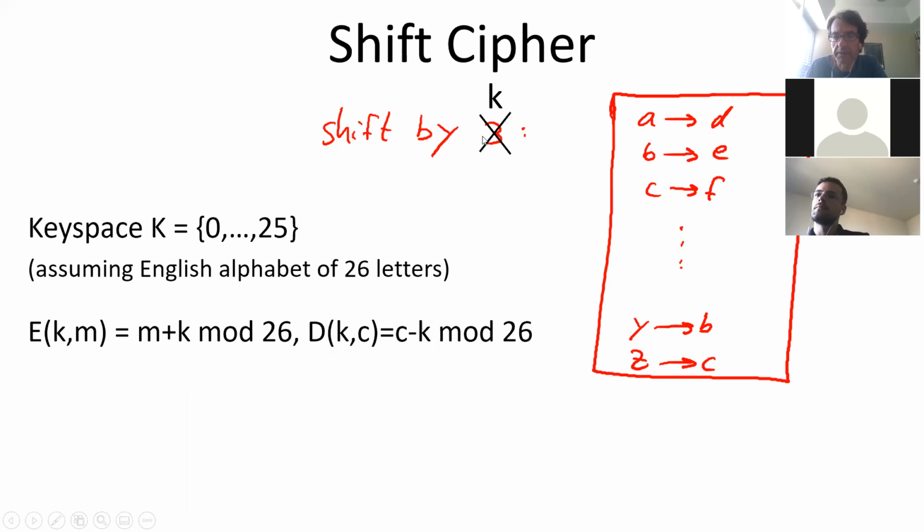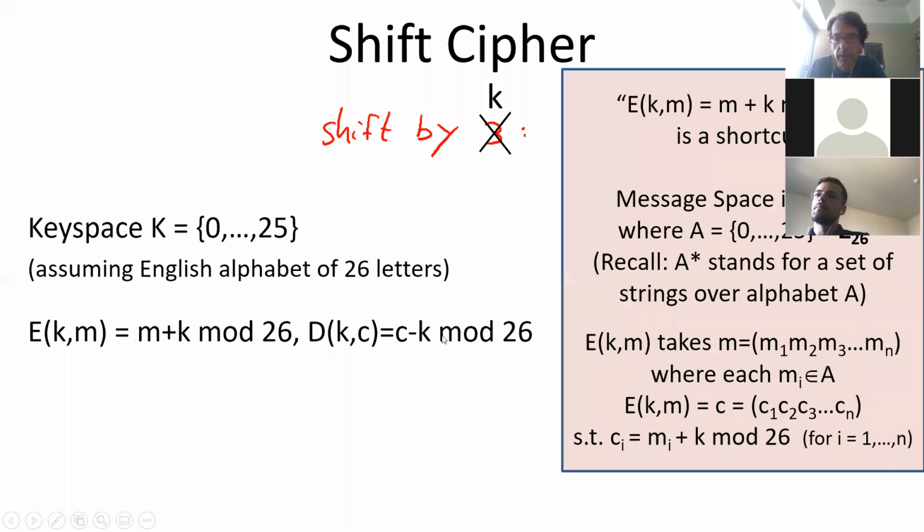And the shift cipher is a generalization where you shift by any shift, not just the fixed shift 3, right? So if you represent the alphabet as integers mod 26, then the key is also an integer mod 26. You can represent encryption as a summation mod 26 and decryption as subtracting the key.